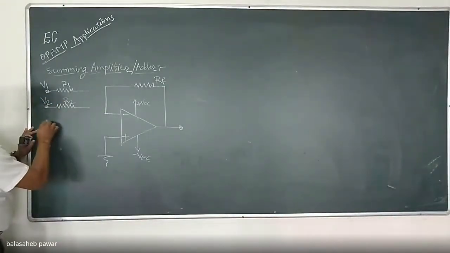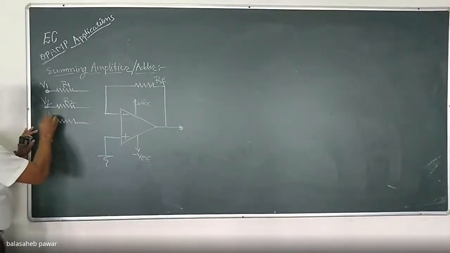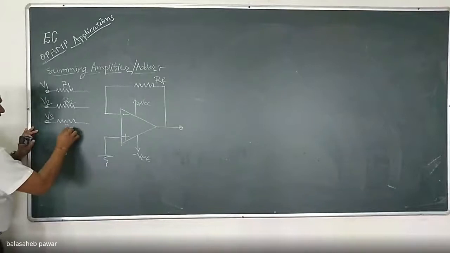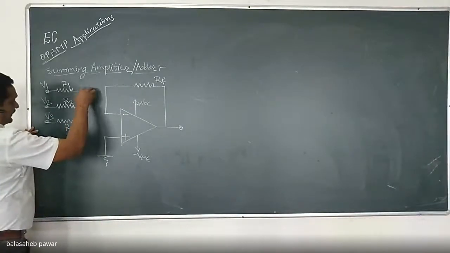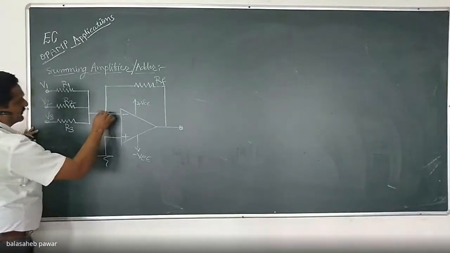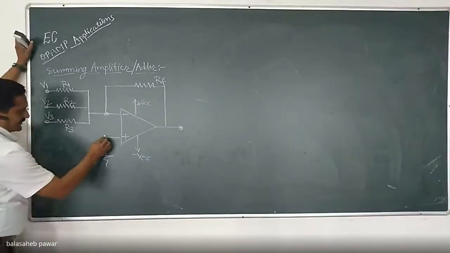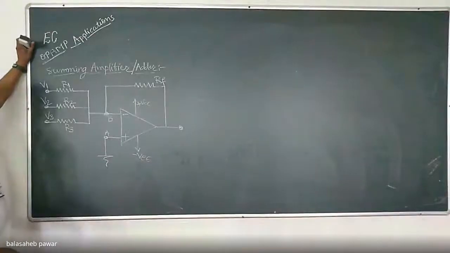And the third one I will consider as V3, applied through resistor R3. And commonly it is given as the input to our op-amp, the inverting input. This node, I think last time we considered this one as node A, this one as node B.